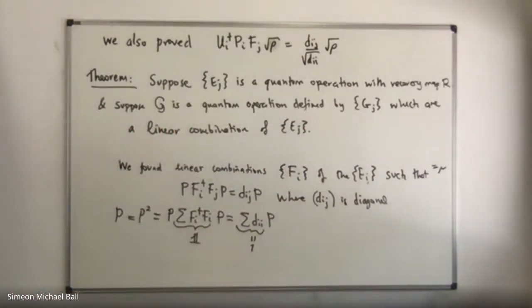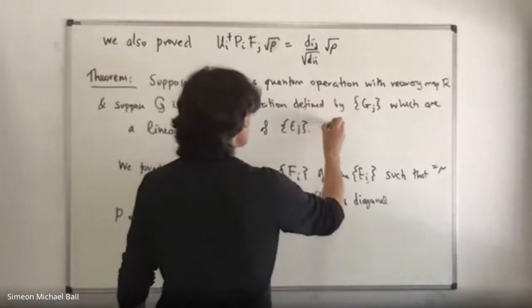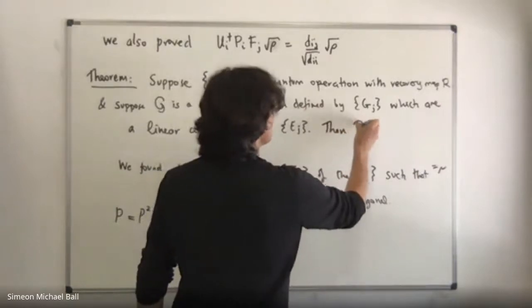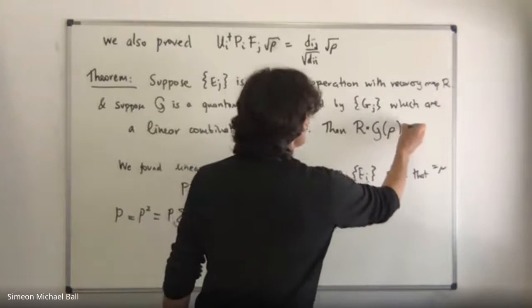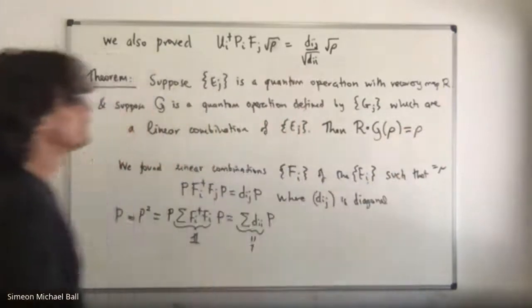And the idea is that we can recover, then R of G of rho is also equal to rho.